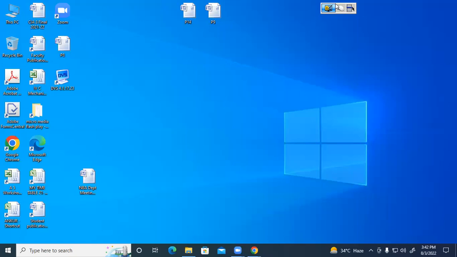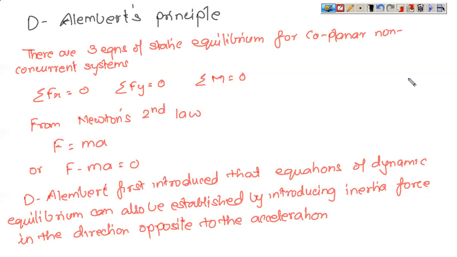Now, let us start with the next topic, and that is D'Alembert's principle. D'Alembert's principle is the last topic covered as part of your syllabus. As we know, there are two possible types of systems mentioned in your syllabus. One is a coplanar concurrent force system. In a coplanar concurrent force system, you have two equations of static equilibrium: the sum of all forces in the horizontal direction is equal to 0, and the sum of all forces in the vertical direction is equal to 0.